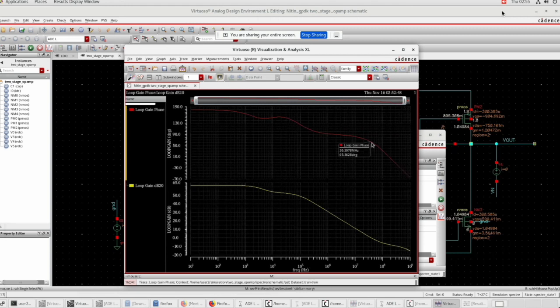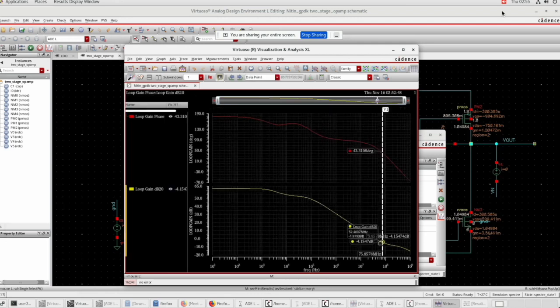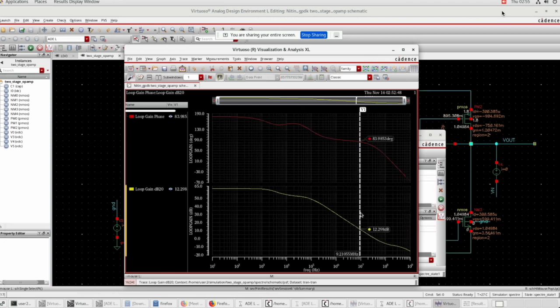So this is dB, and we can see that at around 0 dB the phase is around 62 degrees.